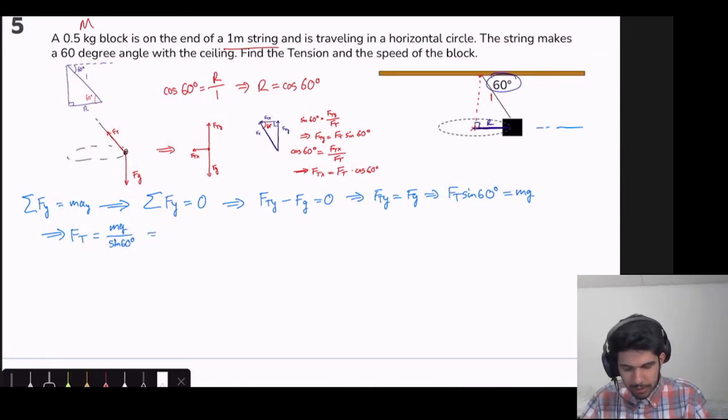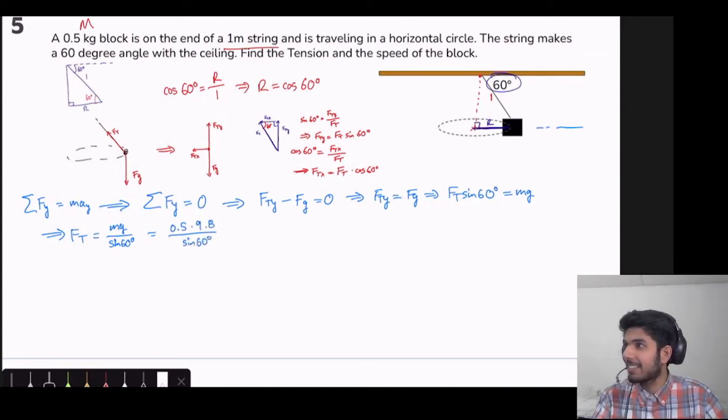And mass we're given is 0.5. I think I may have messed up something in my answer key. That's all right. 0.5 times 9.8, all of this over sine of 60 degrees.